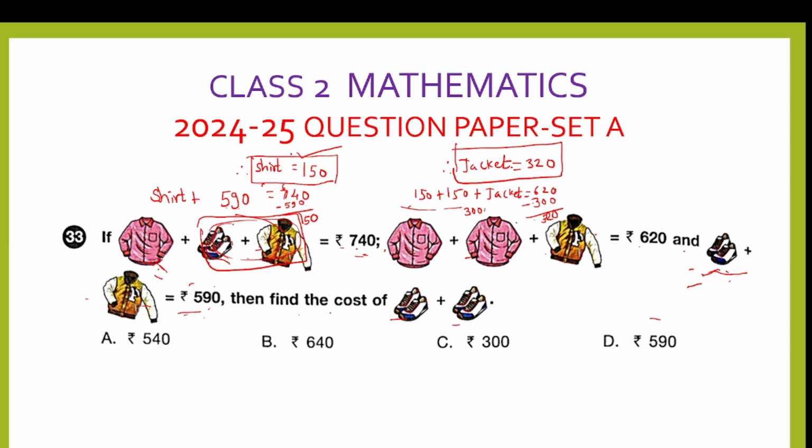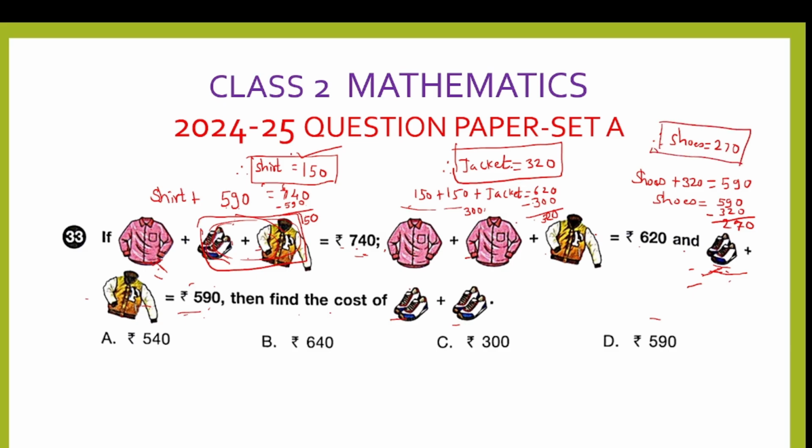Now we can find out the cost of these shoes. So shoes plus jacket whose price is 320 and their sum is 590. Therefore, we can find out shoes is 590 minus 320. So do the subtraction. This is 0 minus 0. 9 minus 2 is 7 and 5 minus 3 is 2, therefore price of these shoes is 270.